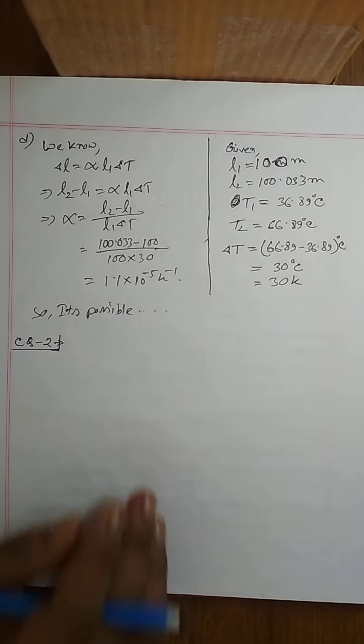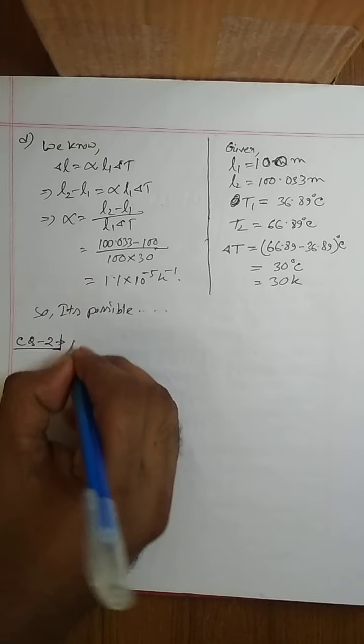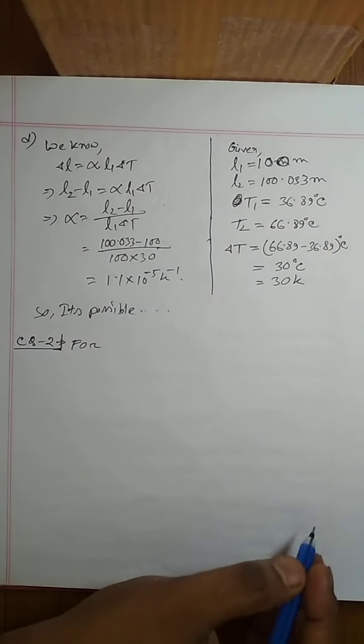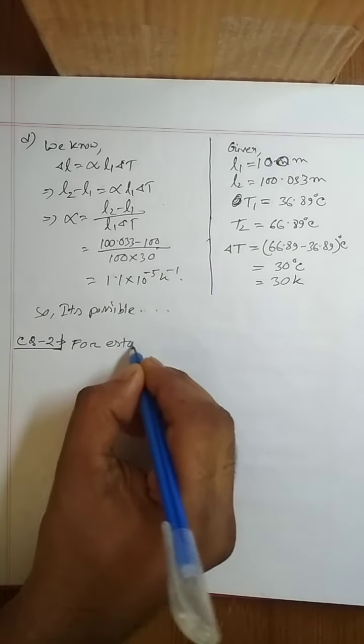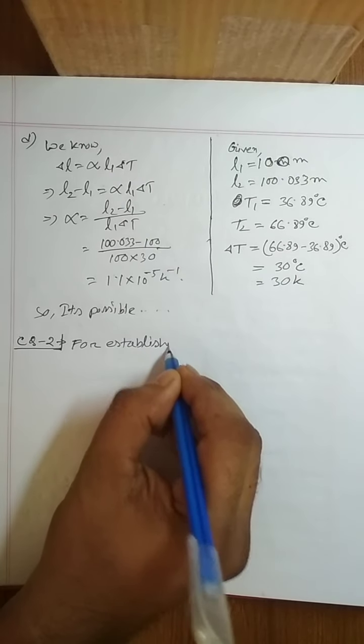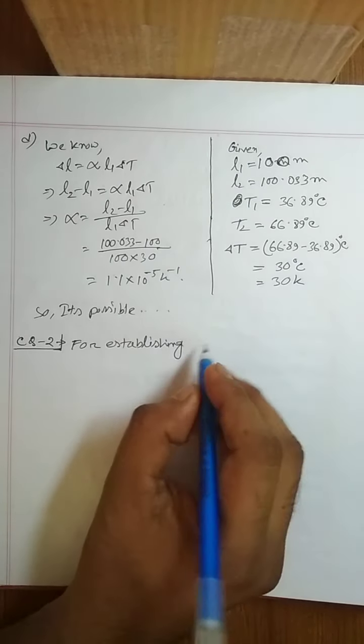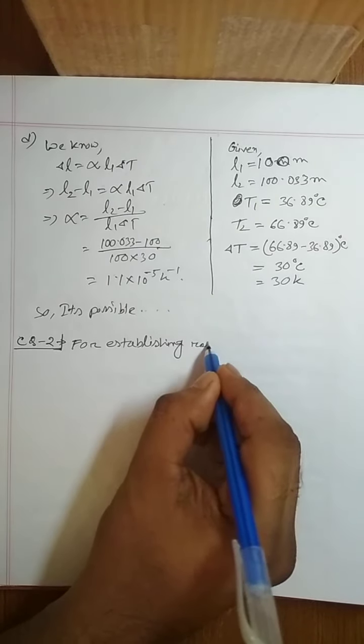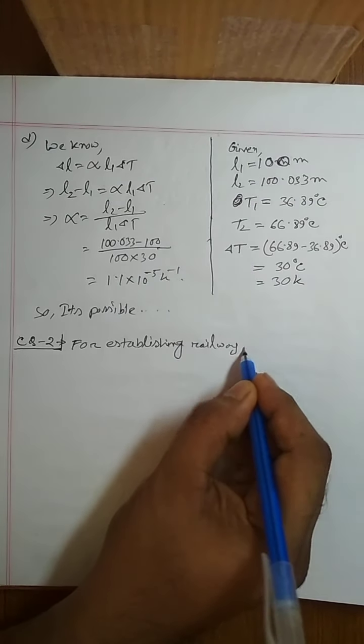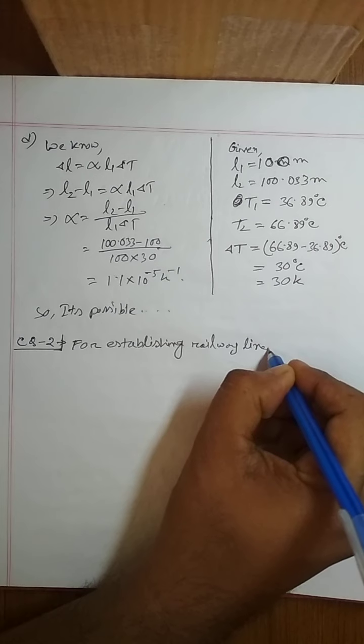Okay, CQ2. This is a very important criterion for establishing a railway line.